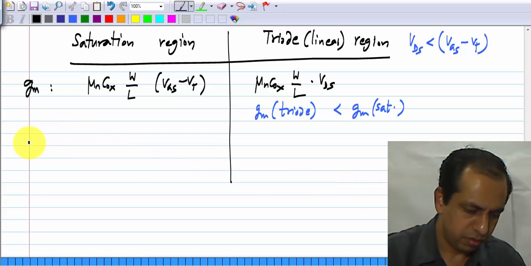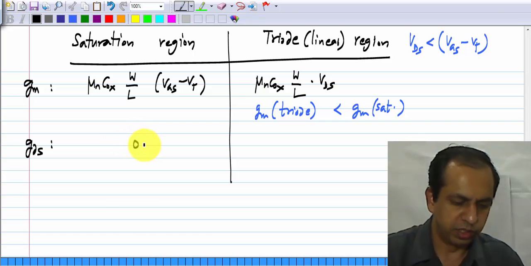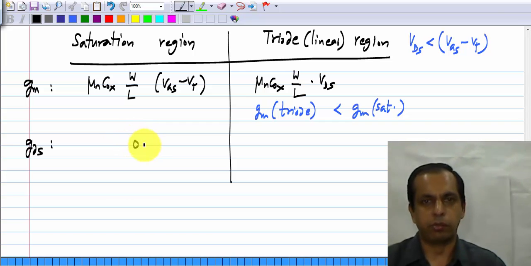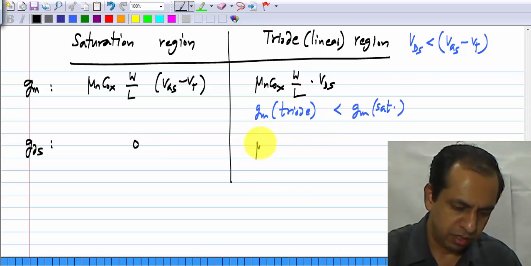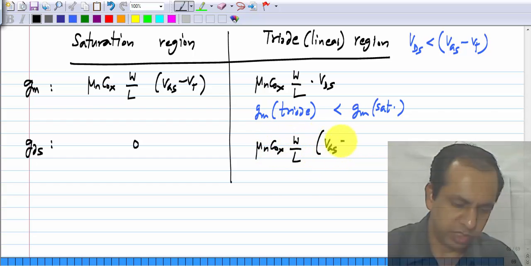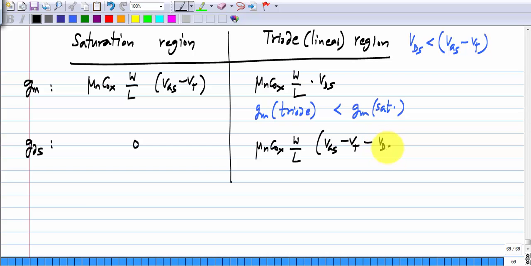And the GDS value in saturation region is 0 according to our model. Later we will see that it is a small non-zero value. And in triode region, it is mu n Cox W by L times VGS minus VT minus VDS.